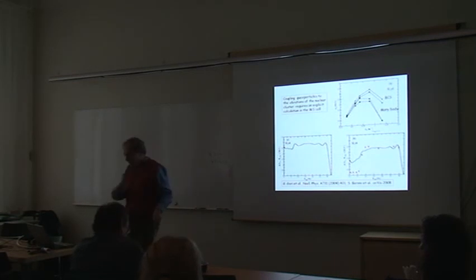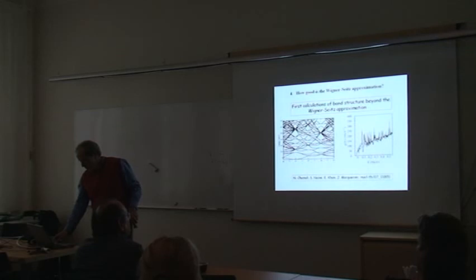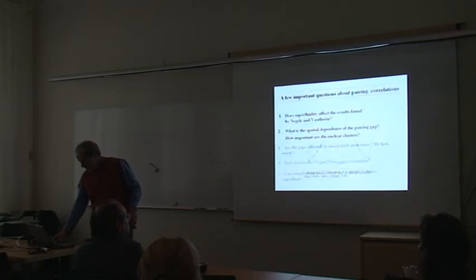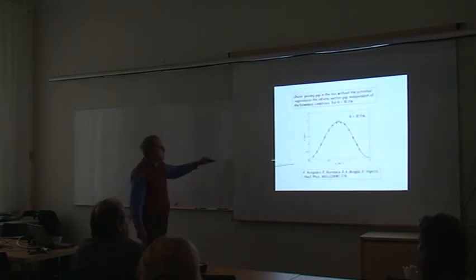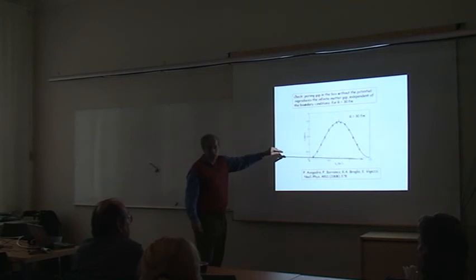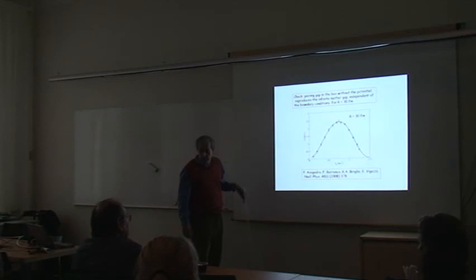But if you have this size, this was the last slide, this is the calculation in the cell with three different boundary conditions, where the wave function vanishes, or the derivative or the odd derivative vanishes, and you can see the difference.